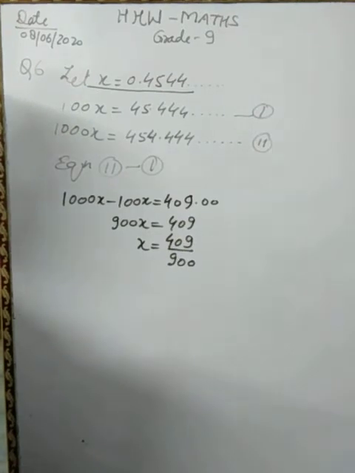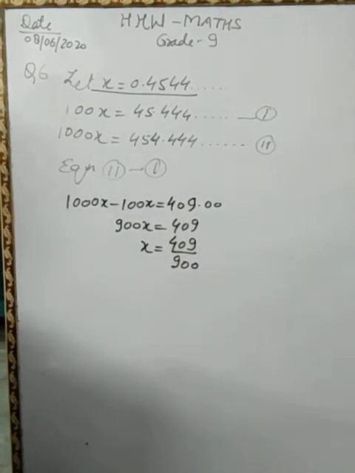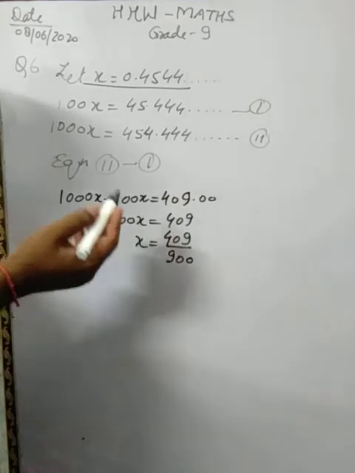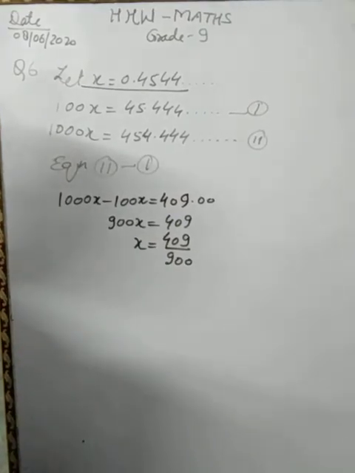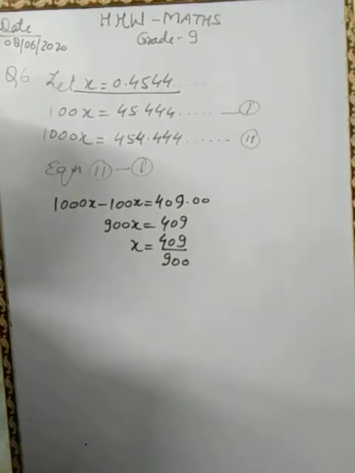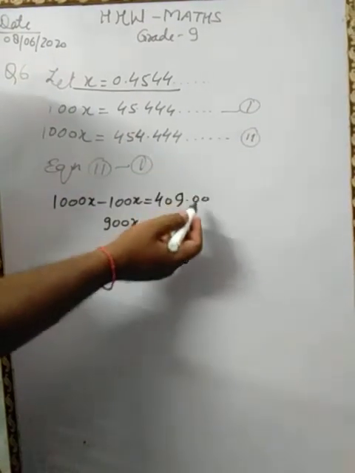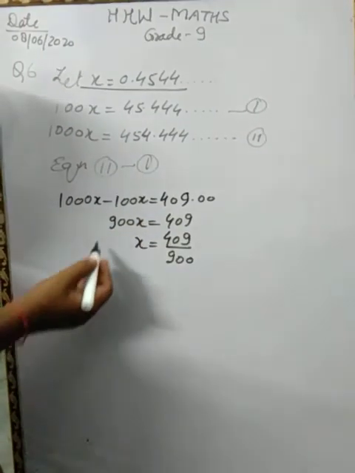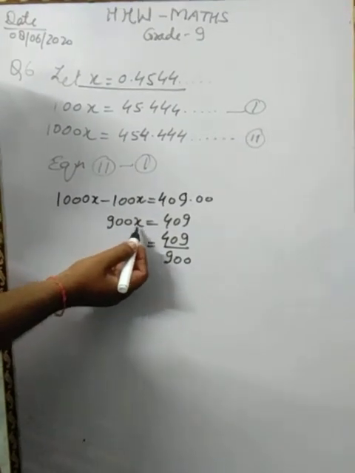So we will subtract the equation 2 from equation number 1. Therefore 1000x minus 100x equals to 454 minus 45, and then decimal part will be cancelled at 00. So finally this is 409 and this is 900x.